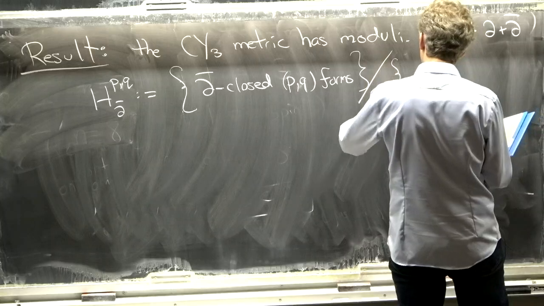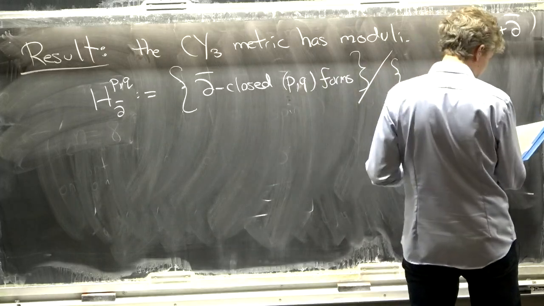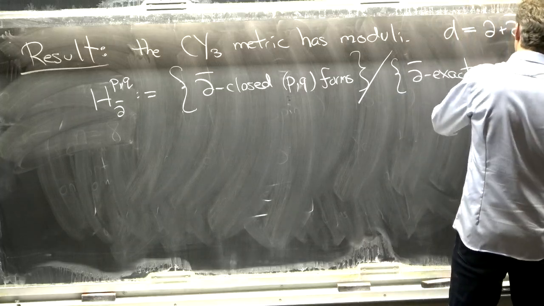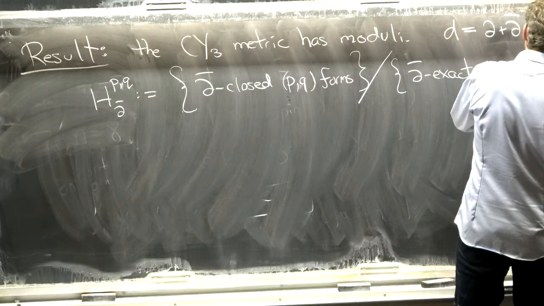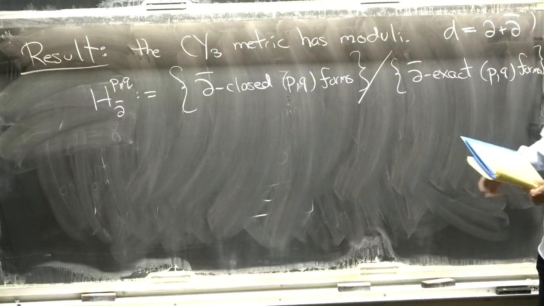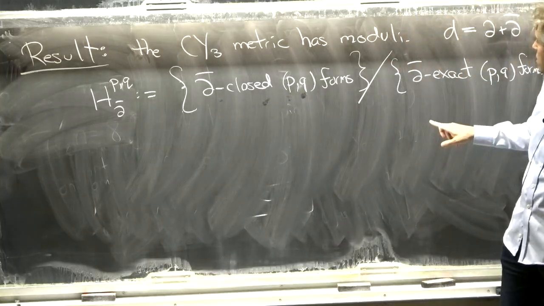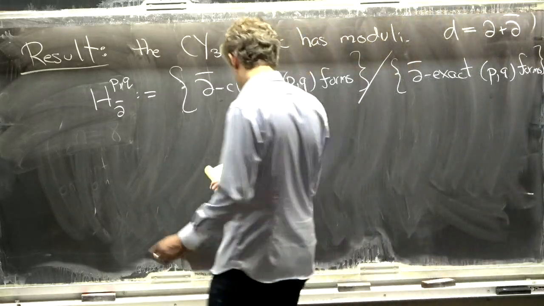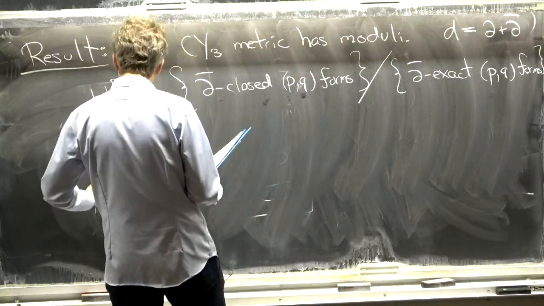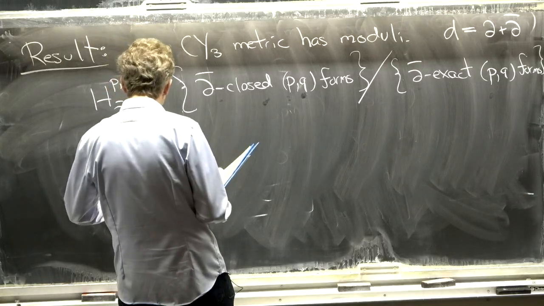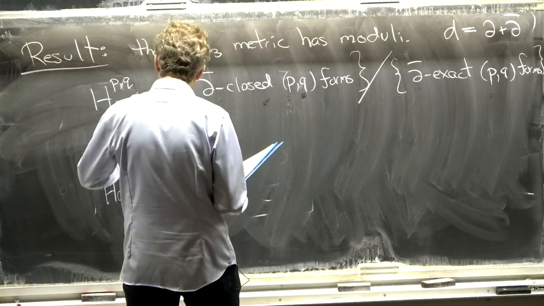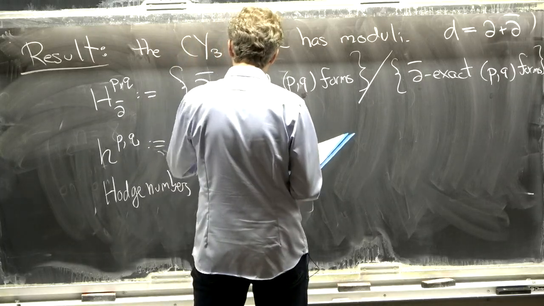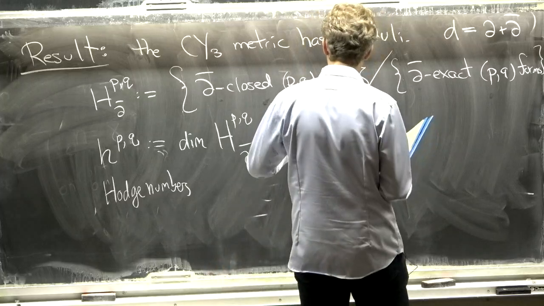And just like you find de Rham cohomology groups as closed forms mod exact forms, I'm going to look at anti-holomorphically closed (p,q)-forms divided by, or mod, anti-holomorphically exact (p,q)-forms. And H^{p,q}, the Hodge numbers, are defined to be the dimension of these groups.